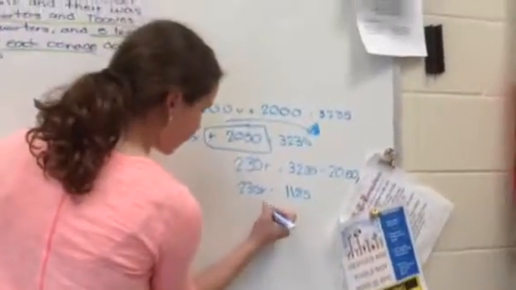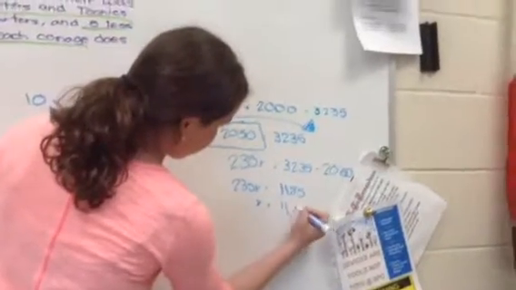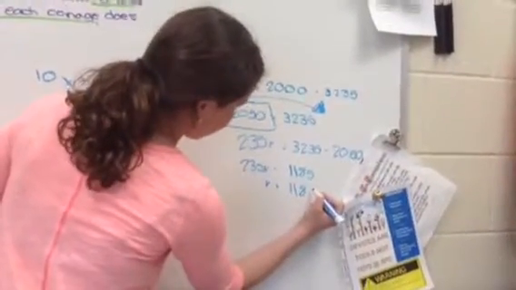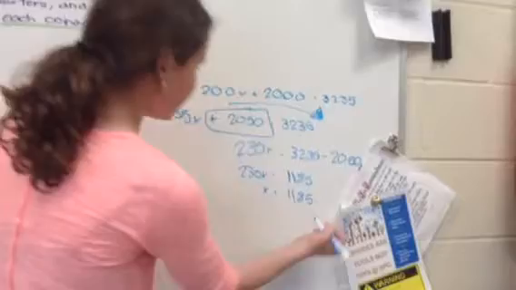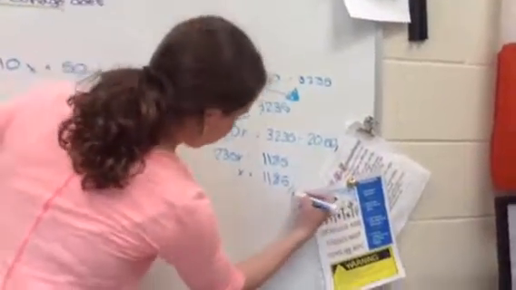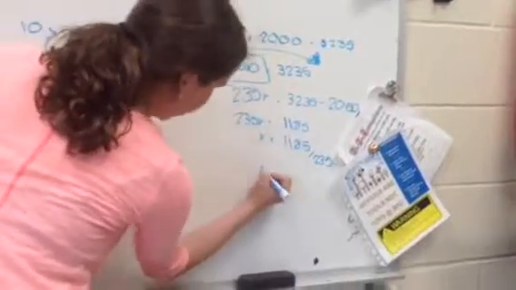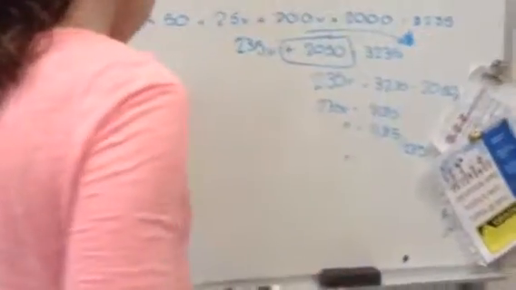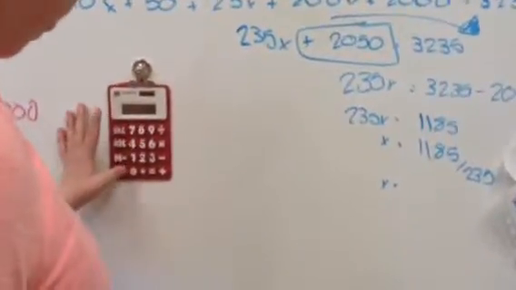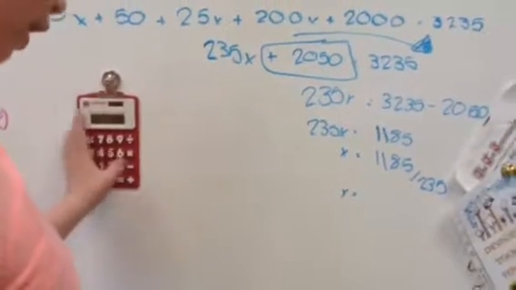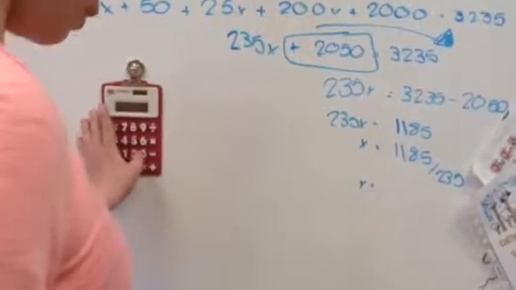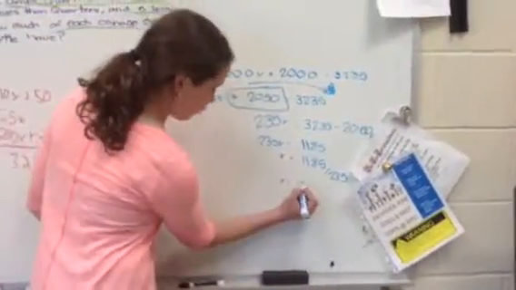So it becomes x equals 1,185 divided by 235. So x equals 1,185 divided by 235, which equals 5.